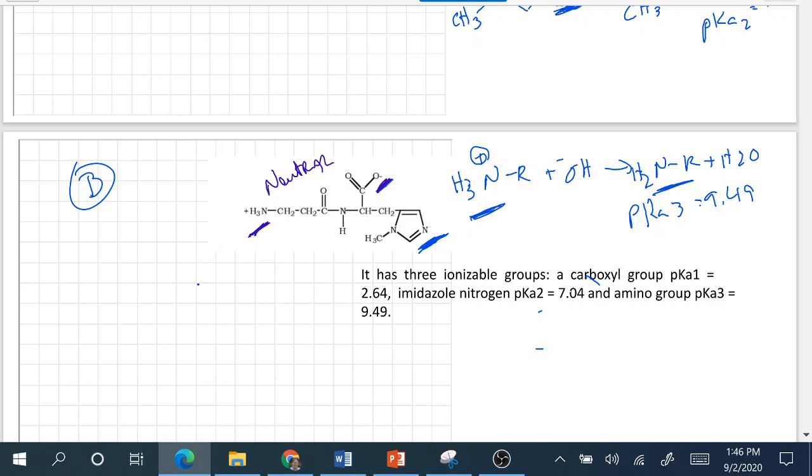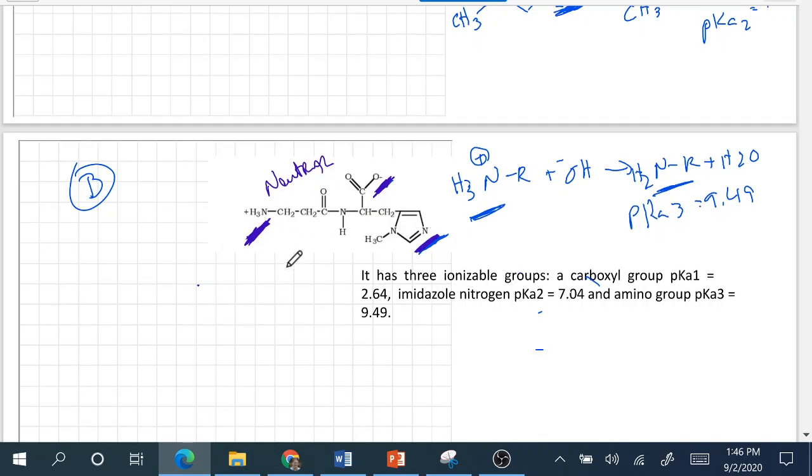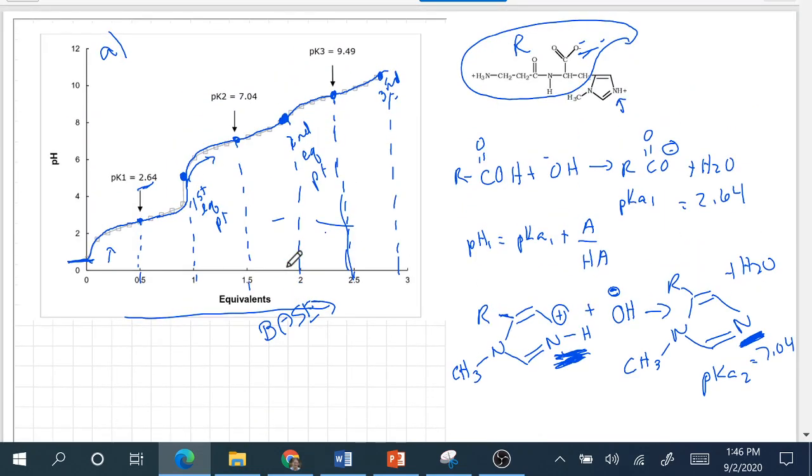And so when this carboxylate group is negative, and all of the amine groups are positive, then we've reached the isoelectric point. And what point is that? That is at the second equivalence point when all of the imidazole nitrogen has been deprotonated. That is the second equivalence point here.